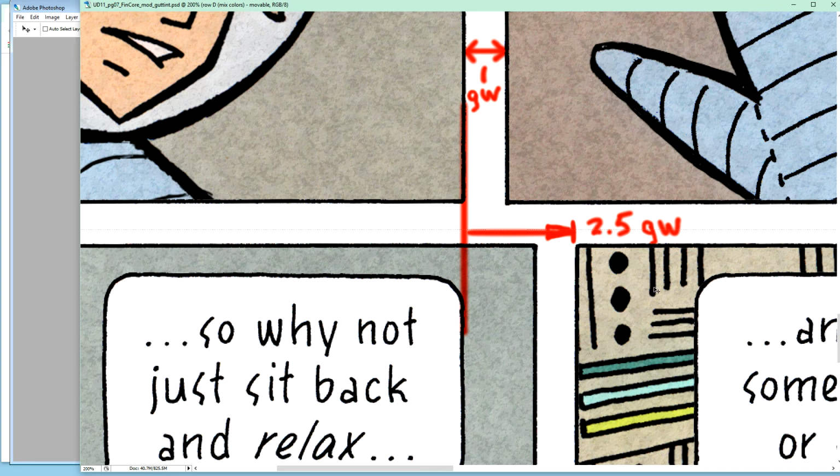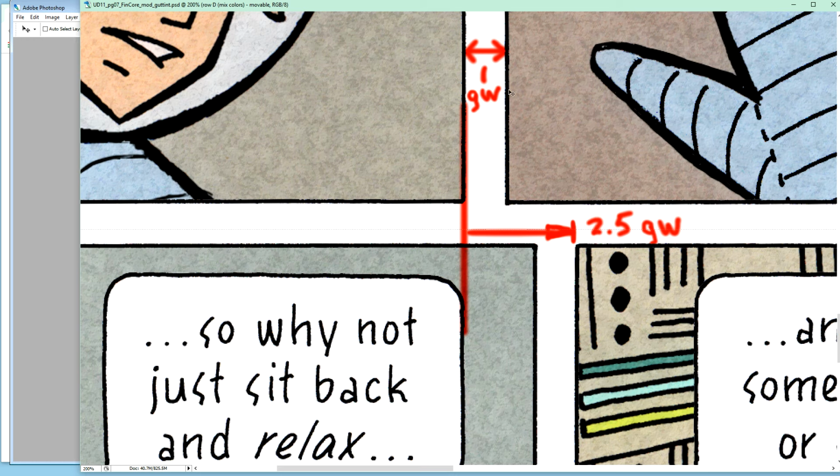And I'm saying that there is some kind of magic distance here, and this magic distance is 2.5 gutter widths.